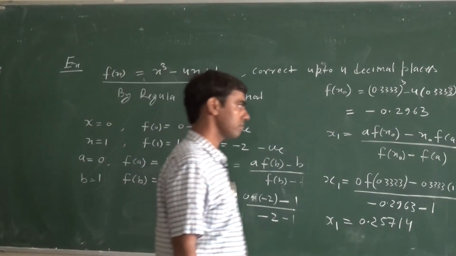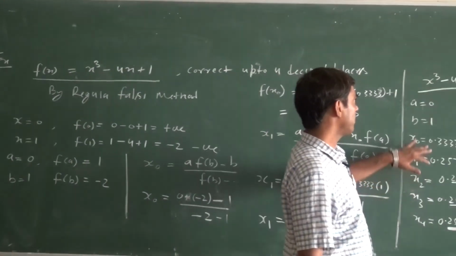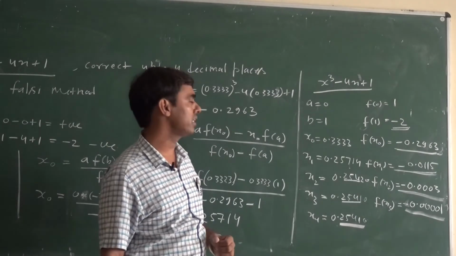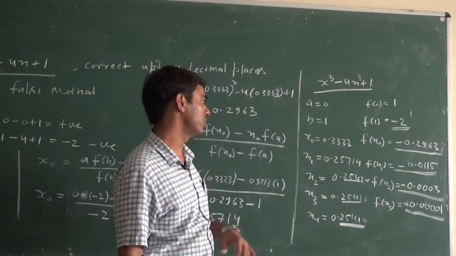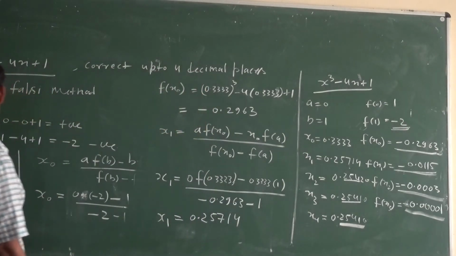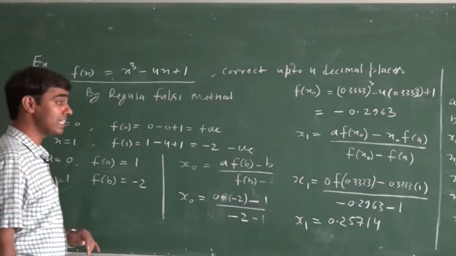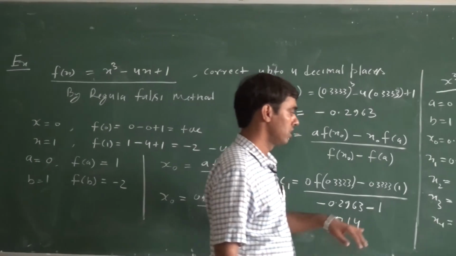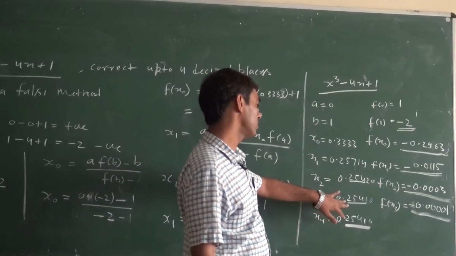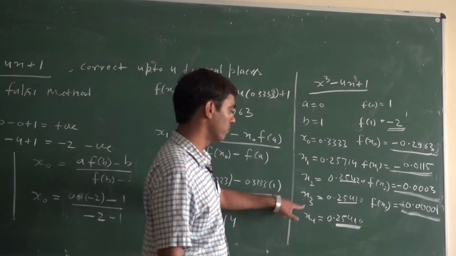But in case of the bisection method, n is greater than log(b minus a) minus log EPS divided by log 2. If you find the value of n for this a and b, the number of iterations required to find the root correct up to 1 decimal place is about 4.